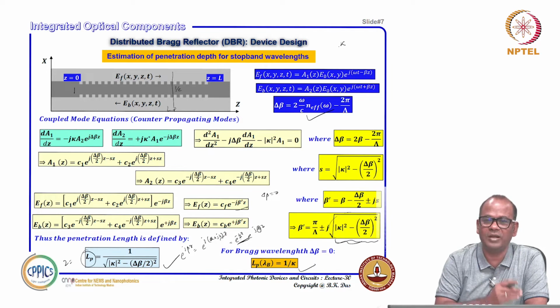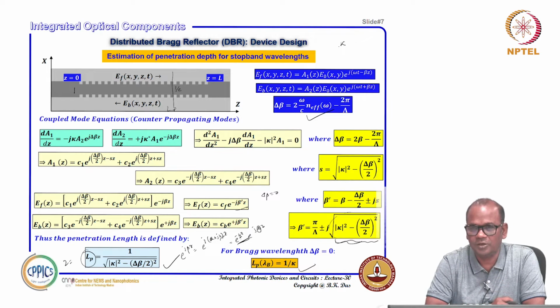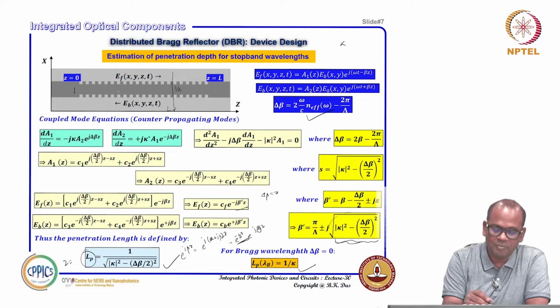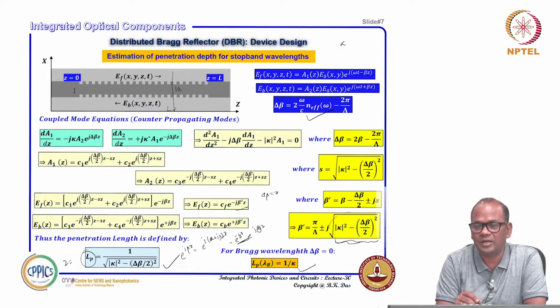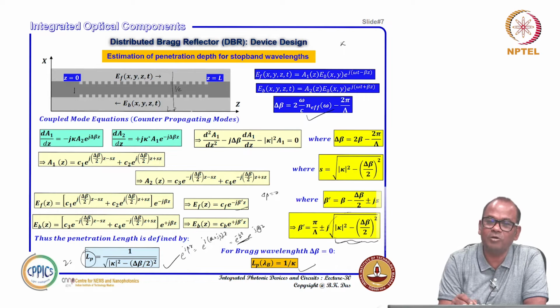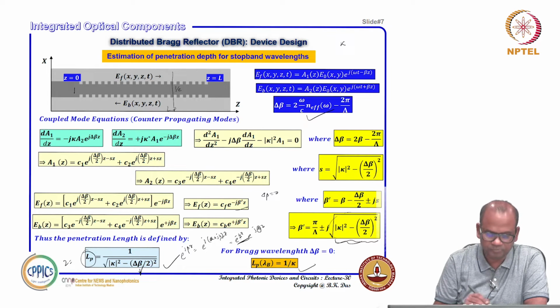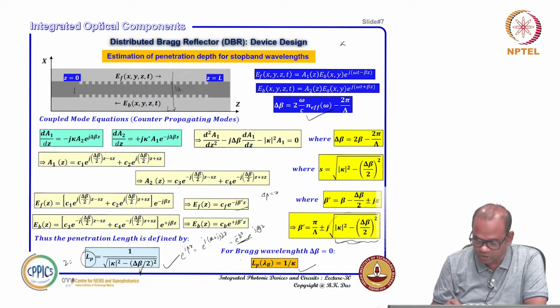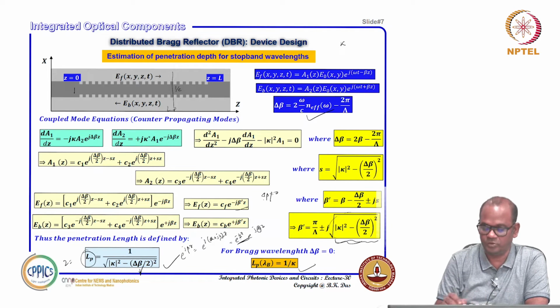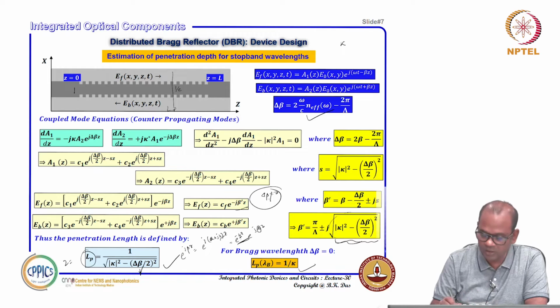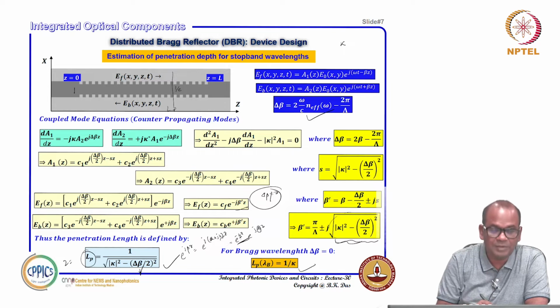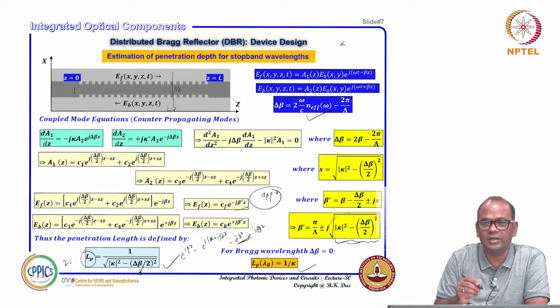So now I have the knowledge of penetration depth. Accordingly, I can say that my DBR structure can be a little bit longer than the penetration depth, and then we can expect a significant amount of reflectivity. If delta beta deviates from 0, delta beta not equal to 0, then kappa effectively becomes less and LP will be longer. The wave operating at the Bragg wavelength will penetrate less.